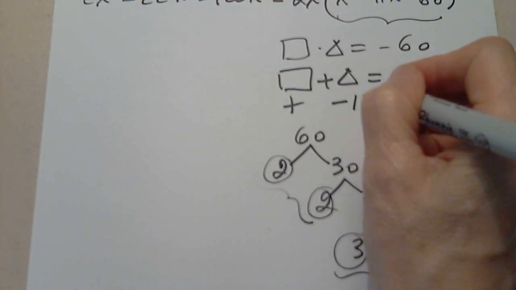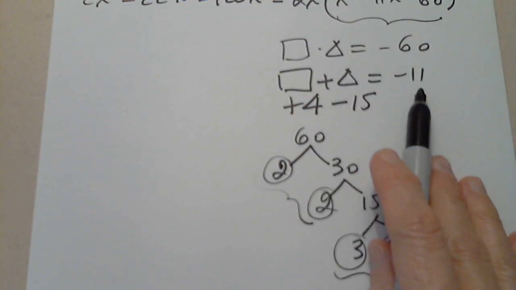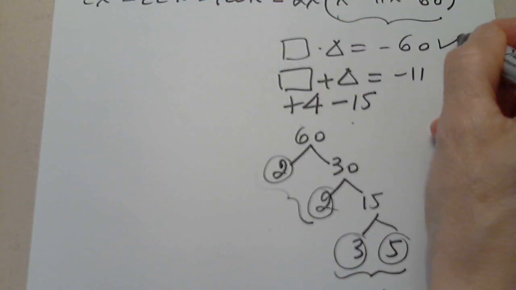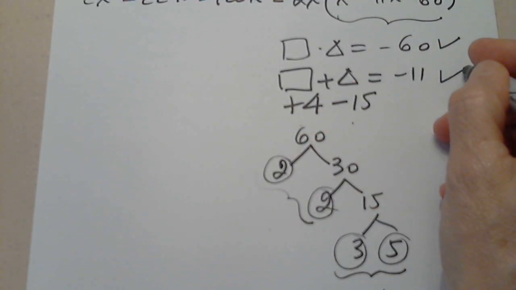Exactly. So it's negative 15 and positive 4 because the sum is negative 11. Ah, yes. Okay. So the product is correct, and now the sum is correct.